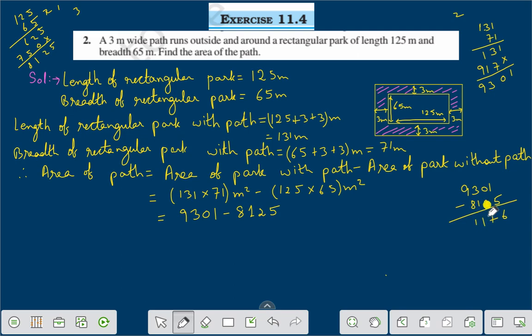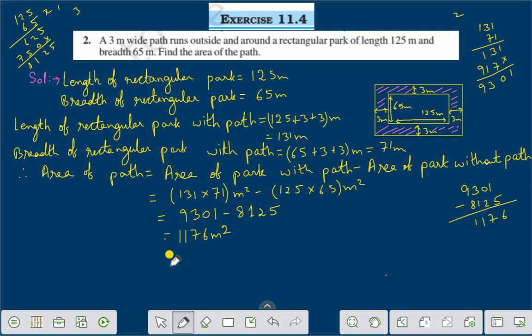We are getting 1176 meter square. Right? Therefore, we find that the area of the path will be meter square.